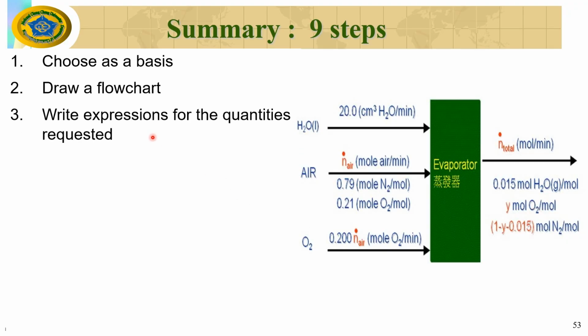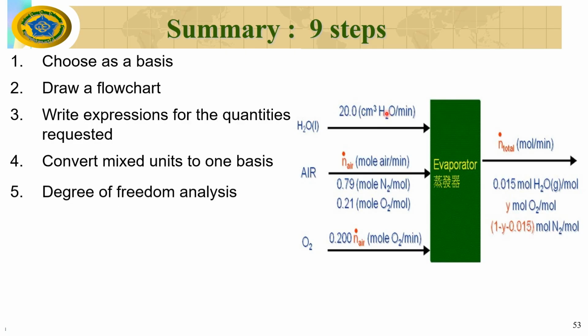Number 3, write expressions for the quantities requested, like the symbols marked in red color. Number 4, convert a mixed unit to one basis. For example, this is mole, this might be kilogram. So you need to do the conversion. Otherwise, you get yourself in trouble. You might not get the right answer.